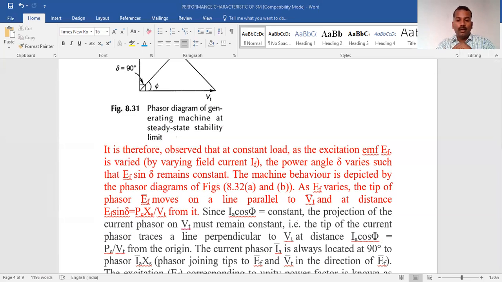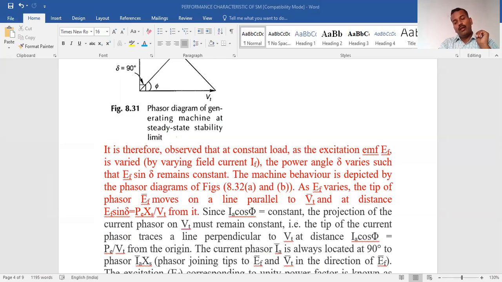Okay, you can see here the product. This blue line is E and this green line is the jXI, and this is E sin delta. This E sin delta remains constant throughout this locus. Similarly, the locus of I cos phi is constant.